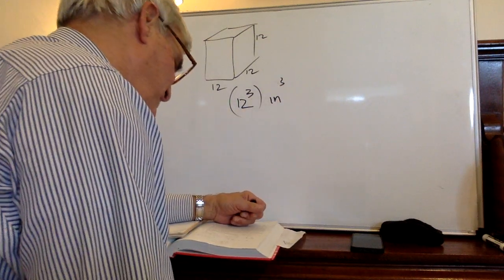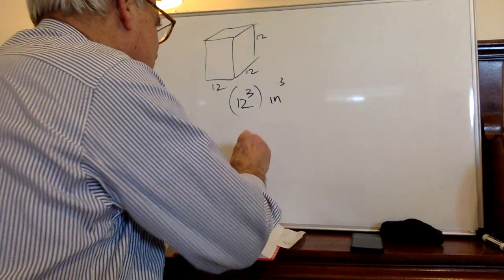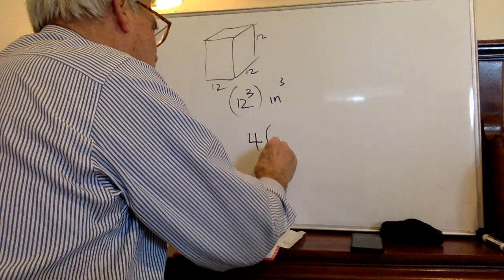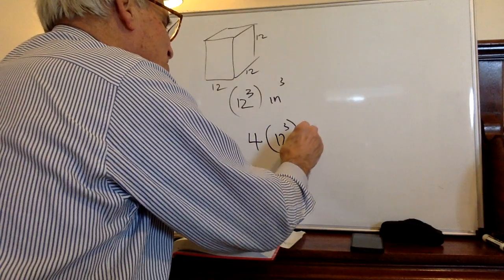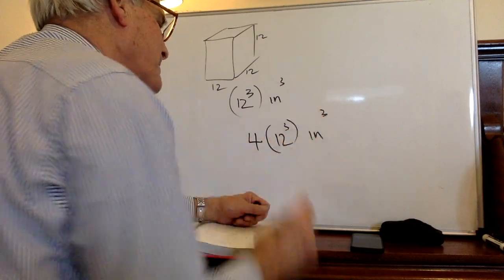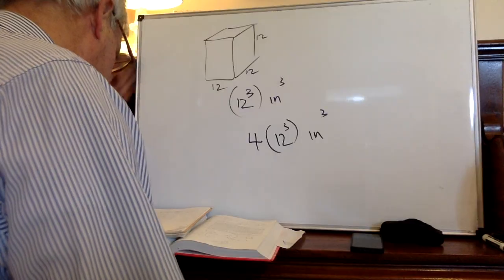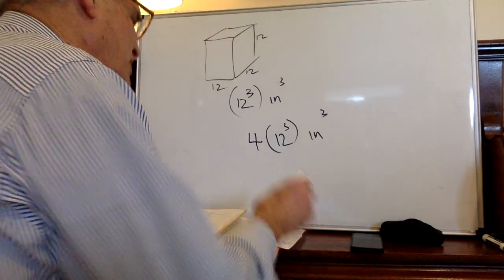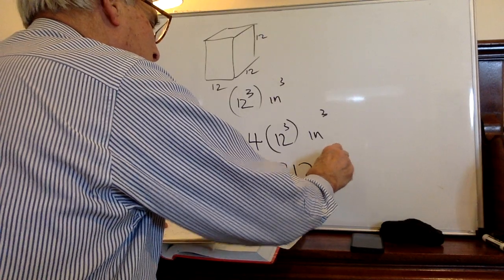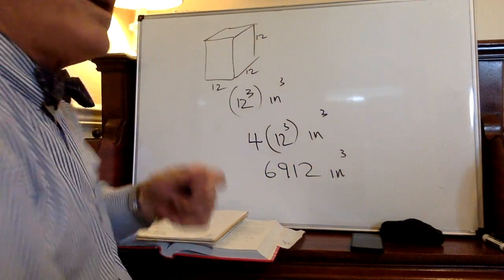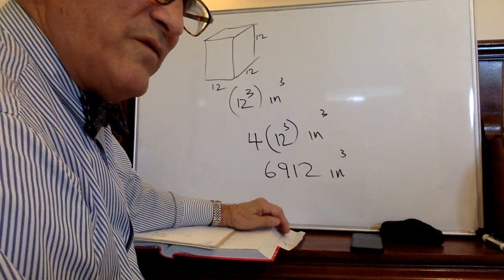So if I have 4 cubic feet, then you're going to have 4 times 12 cubed. And I just did it out on my calculator, and it should have been 6,912 cubic inches. So 4 cubic feet is going to equal 6,912 cubic inches.